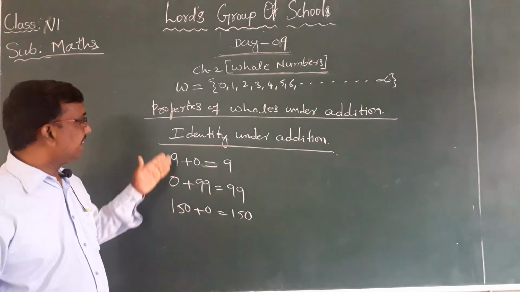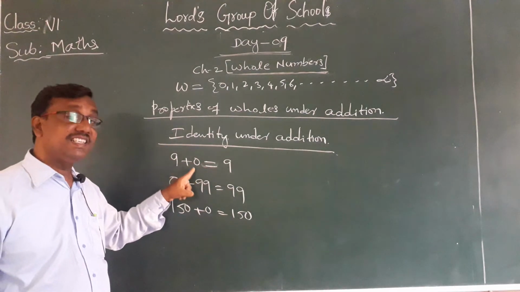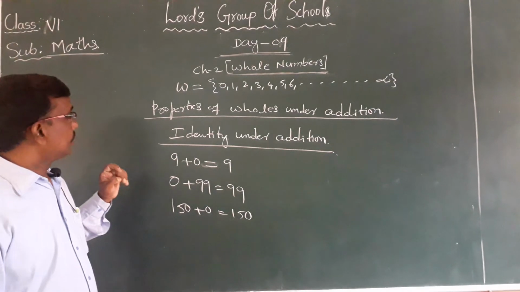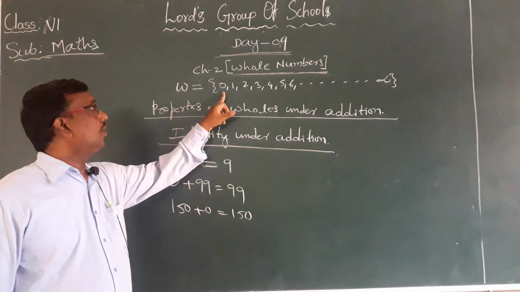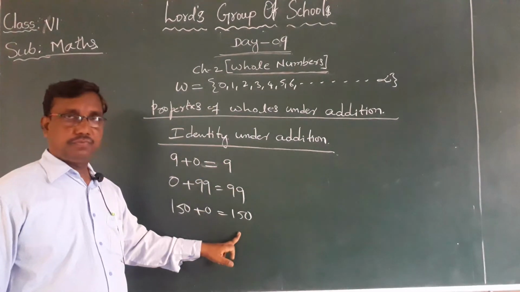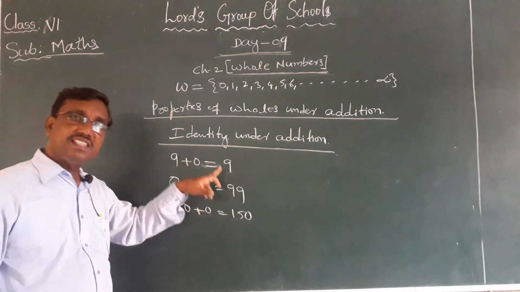So this is called identity, because 0 is called the identity element in the whole number set under addition. So what we can say, sum of 0 and a whole number will be the whole number itself. I repeat, sum of 0 and a whole number will be the same whole number.